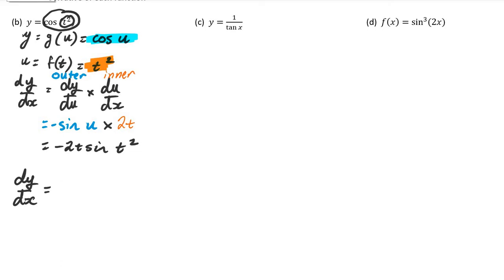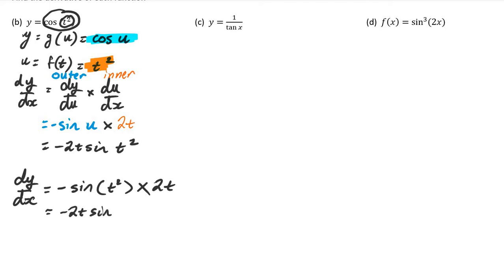So the derivative of cos is negative sine of something, and that something is t squared. And we multiply that by the derivative of the inner something, which was t squared, and that is 2t. And so we've done it, a couple of minutes versus 30 seconds.